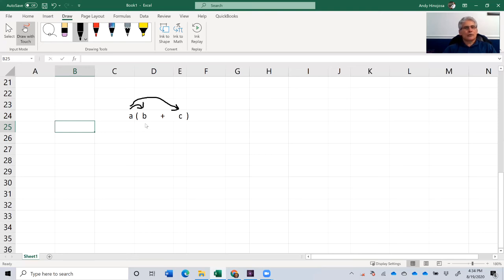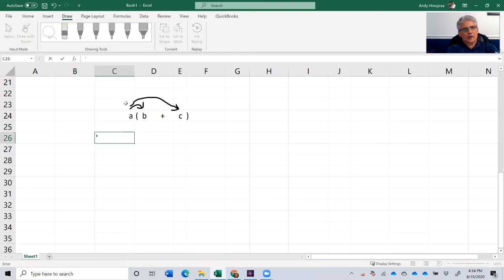So in other words, I can take a times b, which will give me ab, and then I'll take that plus or minus sign, because this can be a minus sign as well, carry it down, and then I can add that to a times c. In that process, I'm going to simply take ab plus ac.